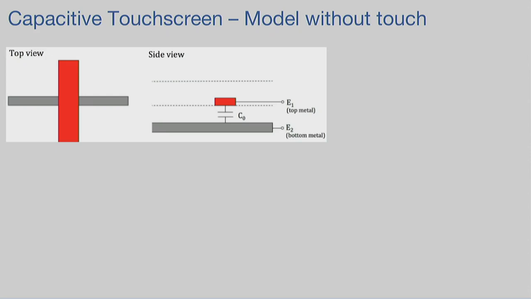In capacitive touch, you have capacitors. These capacitors are formed by materials that are deposited during the fabrication, where you would have one lower plate here, represented in this side view, which is a metal.